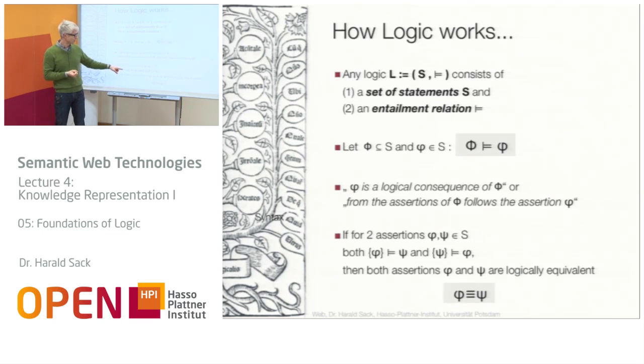Therefore, also for a single statement, we consider the set consisting of this single statement, and this entails the other statement. So if both hold, vice versa, then phi and psi are logically equivalent. So with these two things, the set of statements and this entailment relation, each logic is defined, and this is the way a logic works.